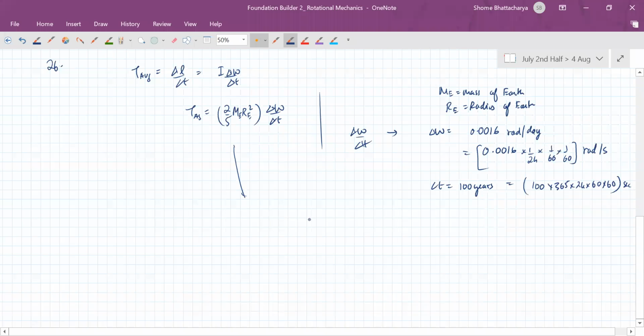So the average torque will be 2 by 5 into the mass of the Earth in SI units, it's so many kgs. The radius of the Earth is 6,400 kilometers, so I'll convert that to meters, into delta omega by delta t, which will be this.